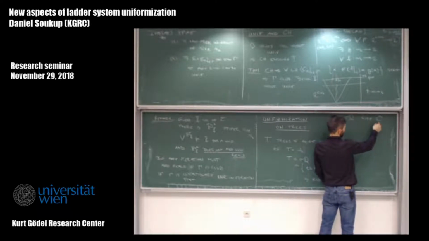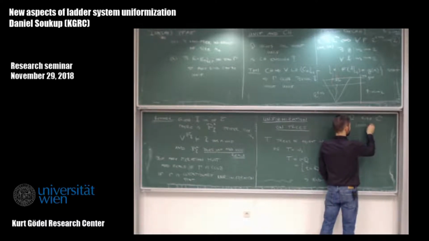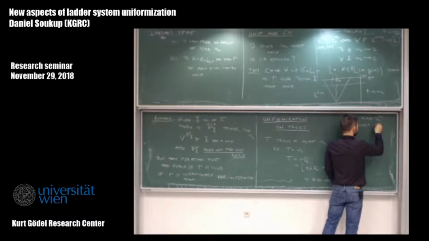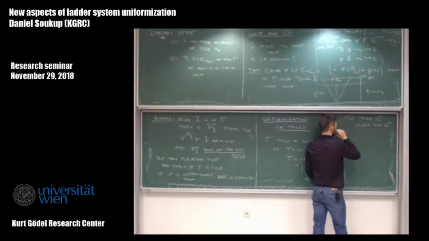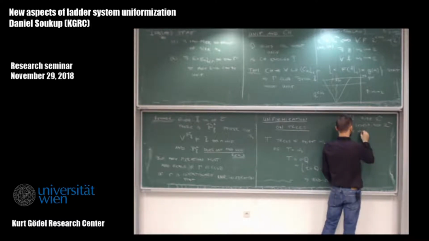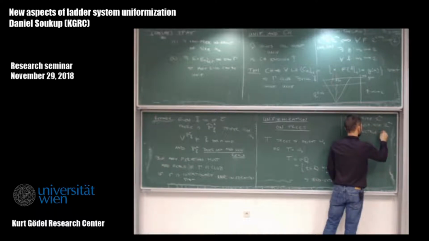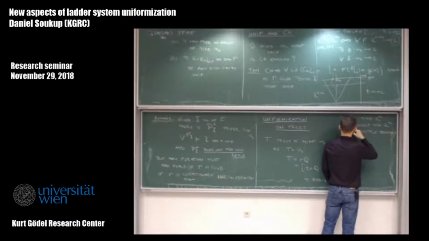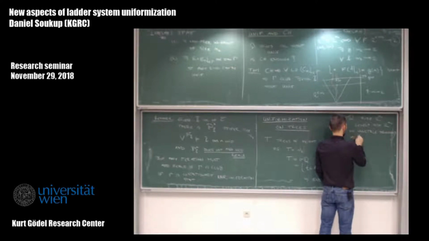And typical levels also have size 2 to the aleph 0. What else? It doesn't have any uncountable branches. So it's quite far from our silly omega 1 tree. Oh, and I should say this, it has height omega 1, of course.